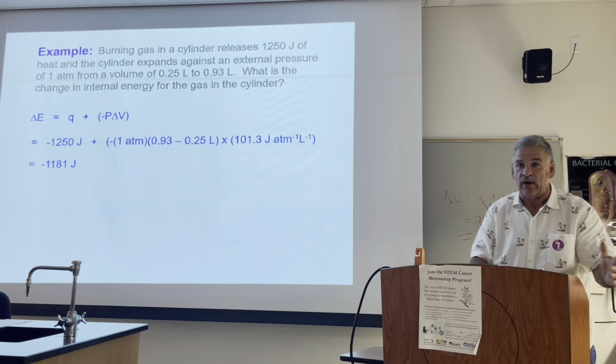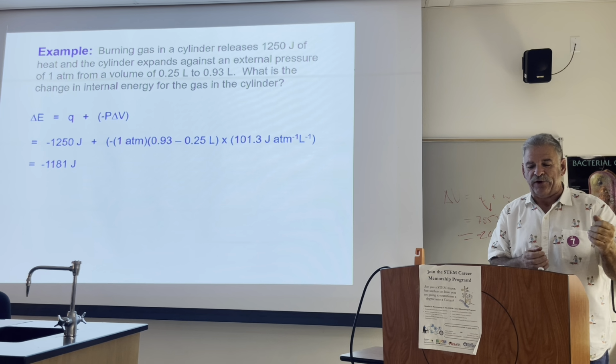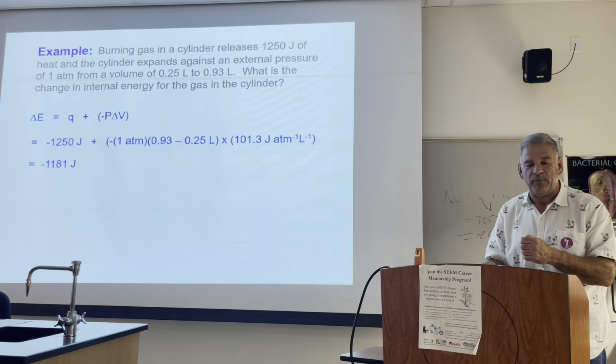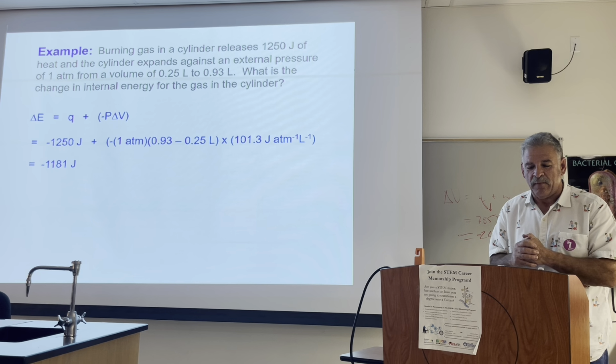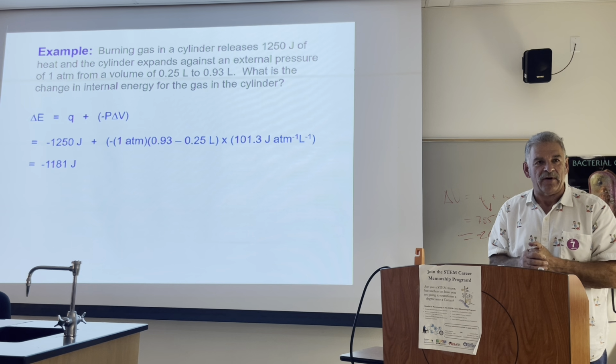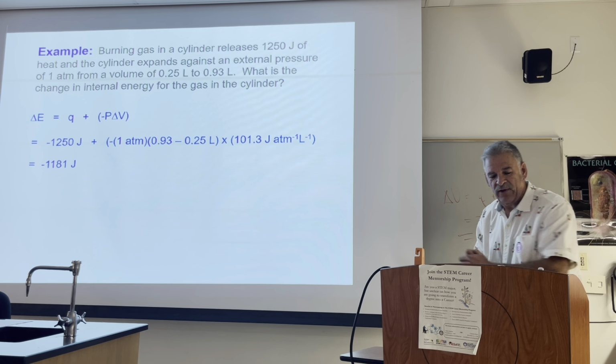So we want to know delta U, or delta E as it's more properly represented here, which is Q plus minus P delta V, which substitutes for work. So 1,250 joules, that's the heat that's given off, so it's minus.